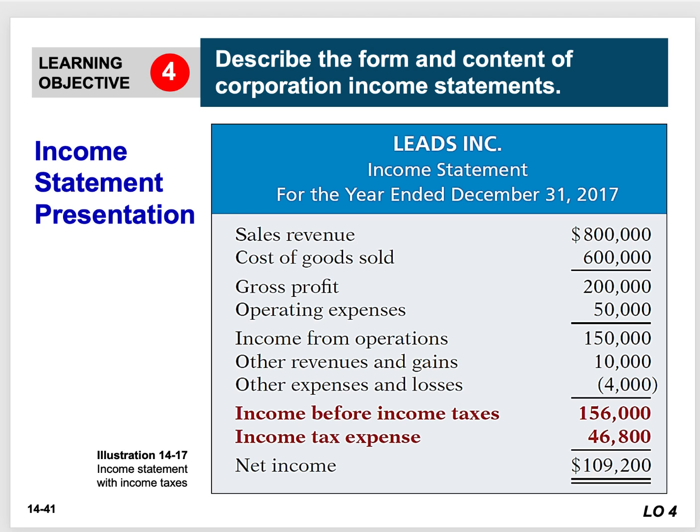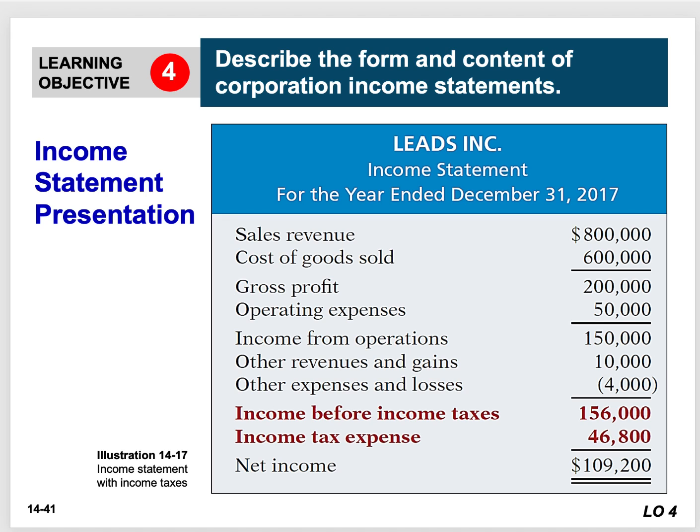Once we subtract out operating expenses from our gross profit, we have income from operations. That's the income that a company has generated based on their core activity, right? McDonald's, what's their core activity? Sell hamburgers. Nike, what's their core activity? Sell shoes, right? So we could see that income from operations is $150,000, right?